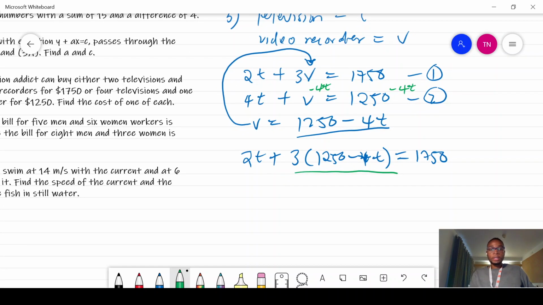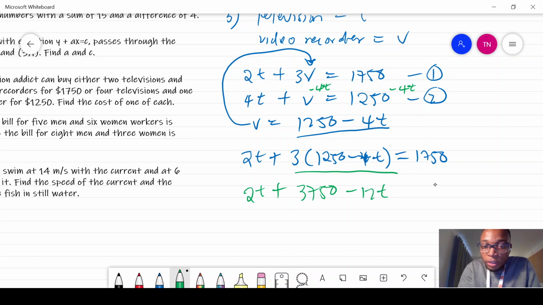Then after this, we are going to expand the components that we have right there, which is fairly simple. I'm going to use my calculator on the phone. So we have 2T plus 3 times 1,250, which is 3,750, minus 3 times 4, that is minus 12T, equals 1,750.